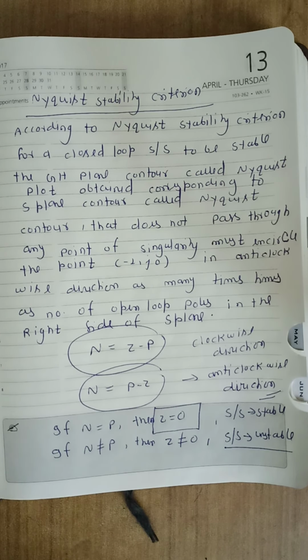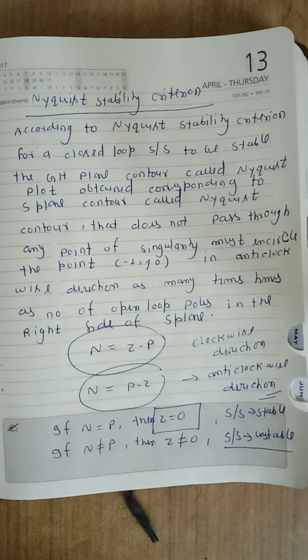After that we will define Nyquist plot according to mapping of Nyquist path or Nyquist contour. Then we will calculate n, then we will calculate p. After that, according to n equal to z minus p, we can define the value of z. So finally we can say according to Nyquist stability criteria, system is stable or not with the help of value of z.